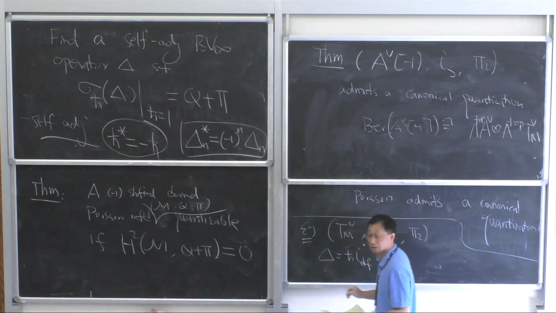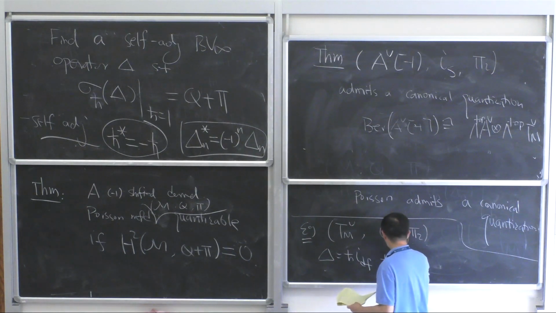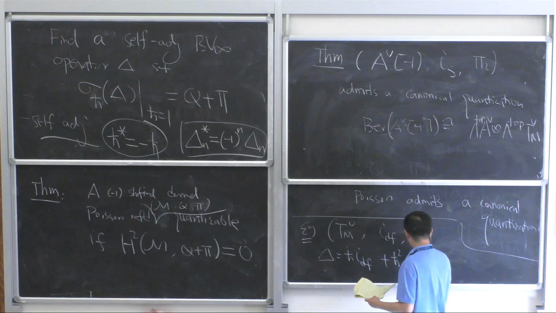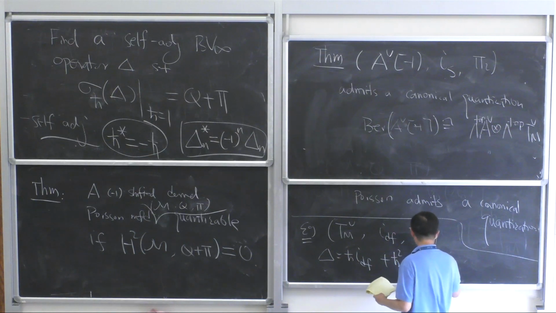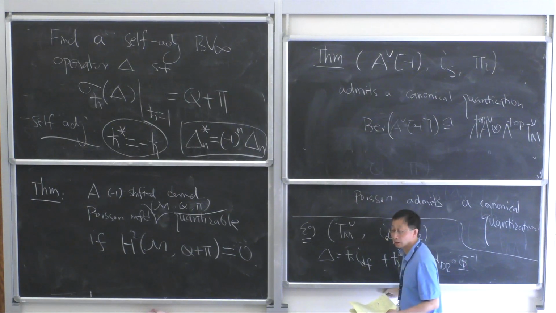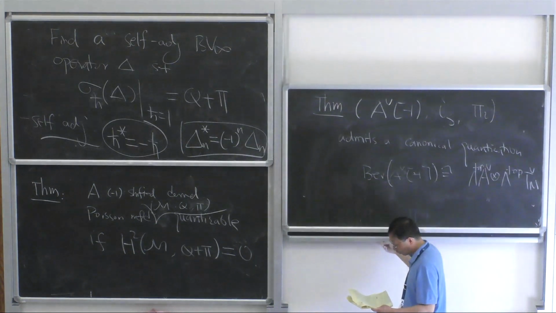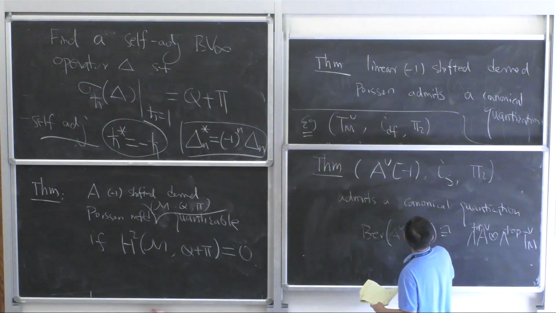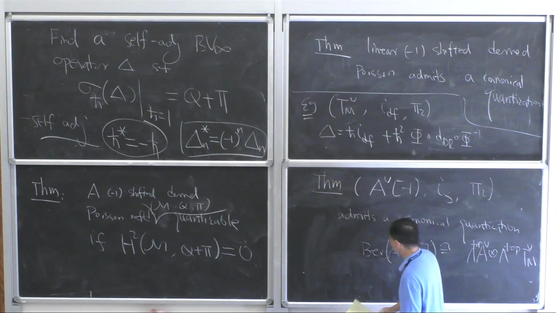This is Q, and the second order is, in fact, you go back to Koszul. I think this is basically the Koszul operators.